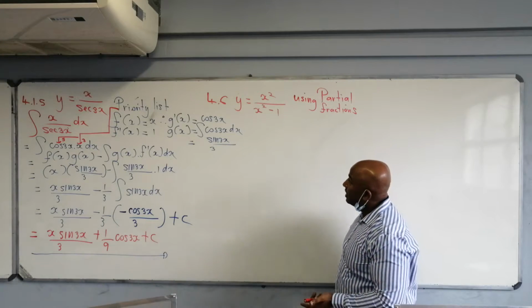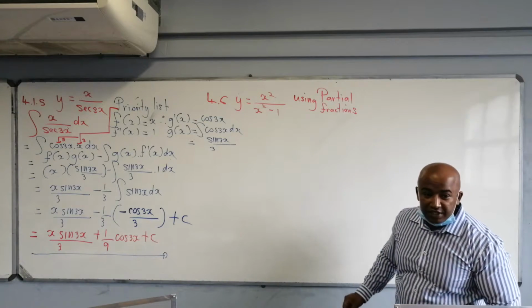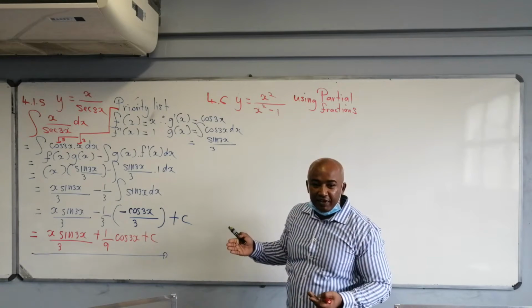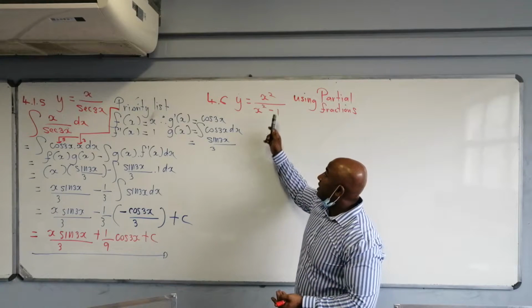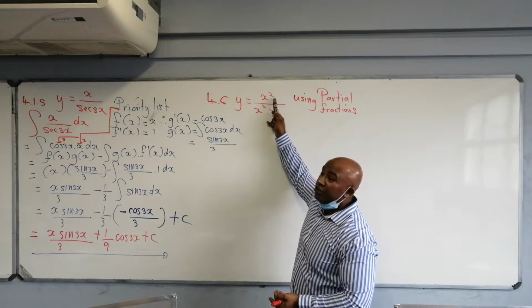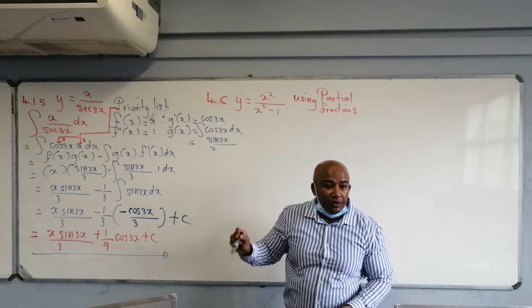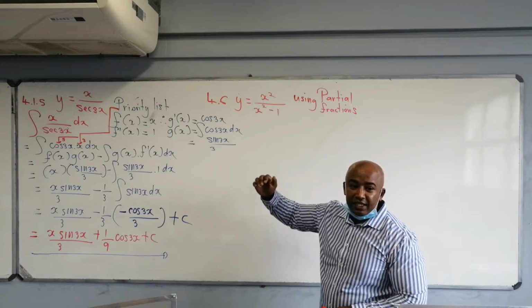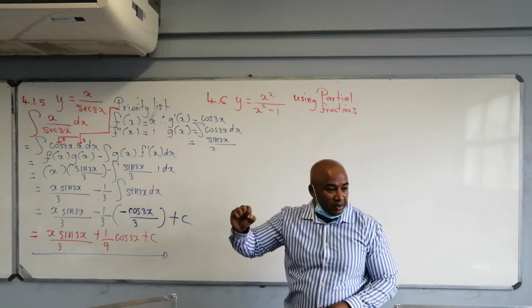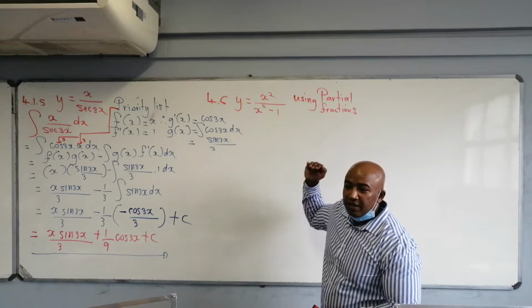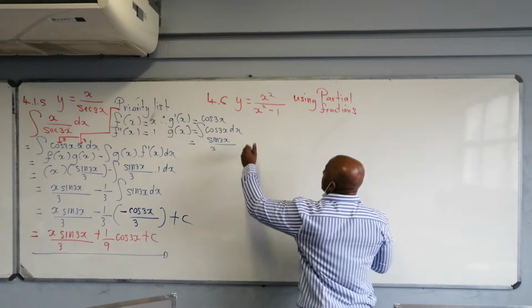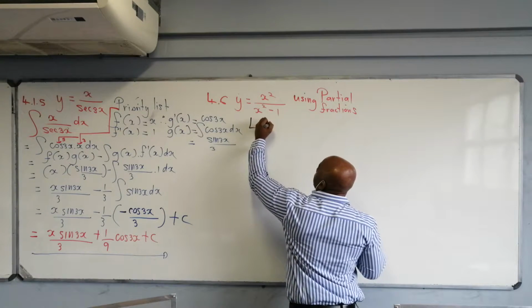Now here, this is a fraction. x squared minus 1 can be factorized. But the problem here is the numerator is not of a lower degree than the denominator. If the numerator is not of a lower degree than the denominator, then you will use long division. So you have to use long division again. Alright, let's write this down, our long division.